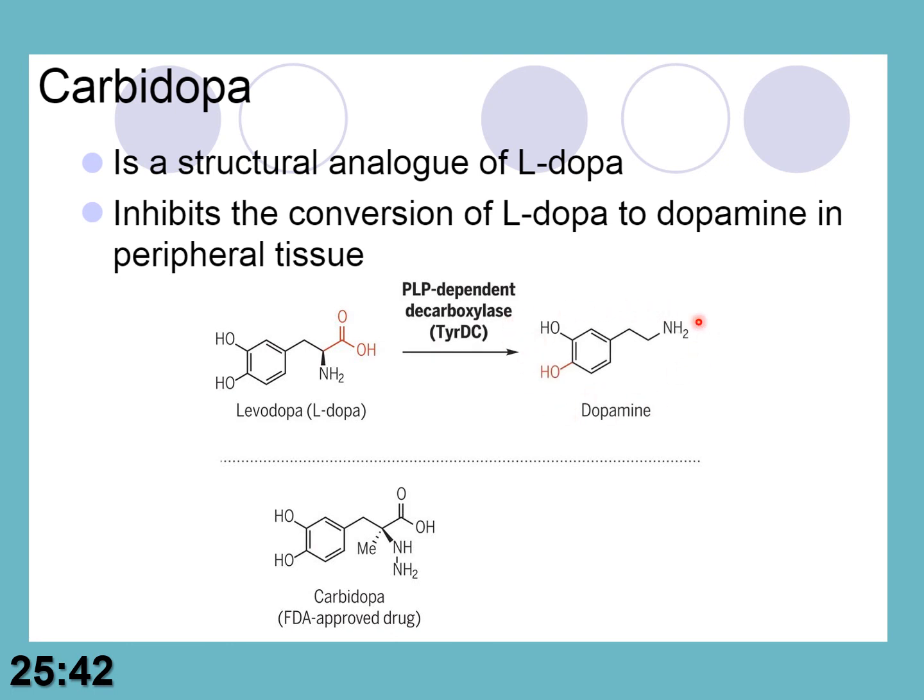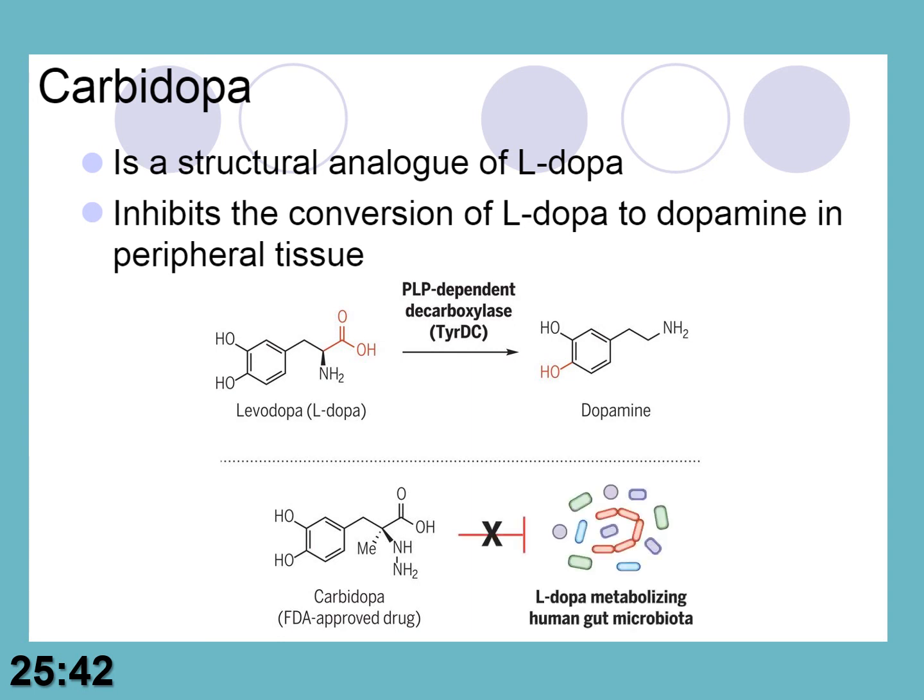So anywhere you have the enzymes, like for instance this one right here, you will get dopamine, and that means side effects. Well, carbidopa is really interesting because it will block these enzymes and prevent levodopa from being converted to dopamine where it is present. It actually serves as a competitive inhibitor of the enzyme.